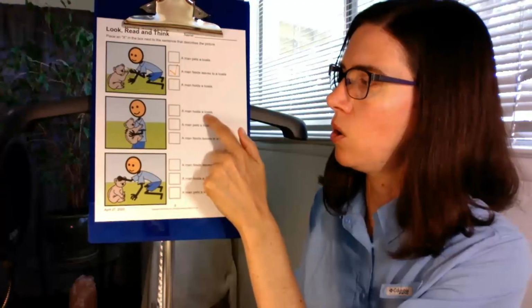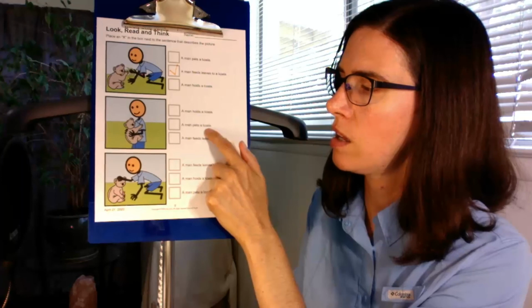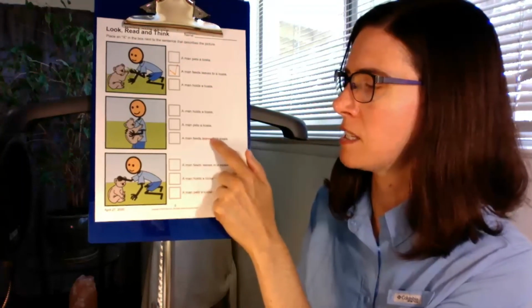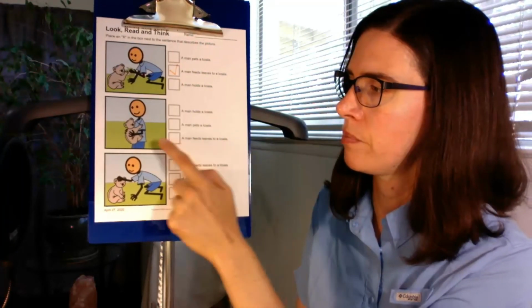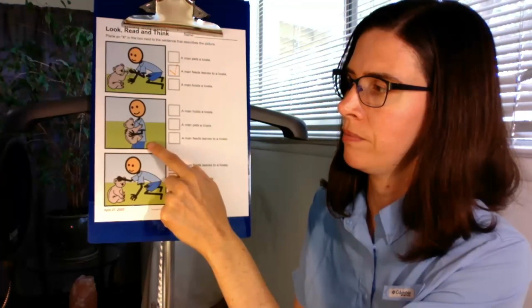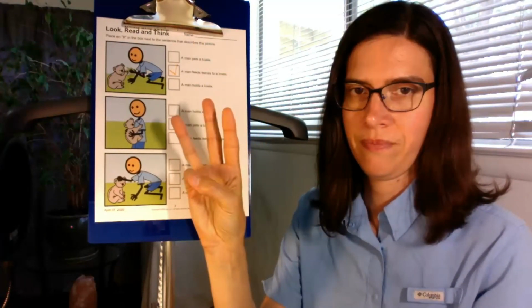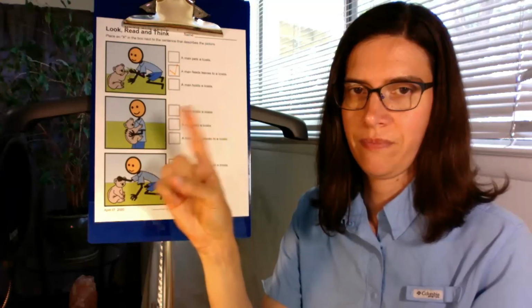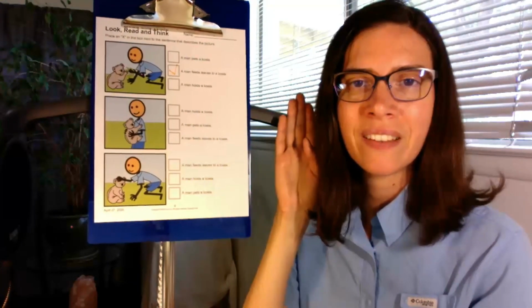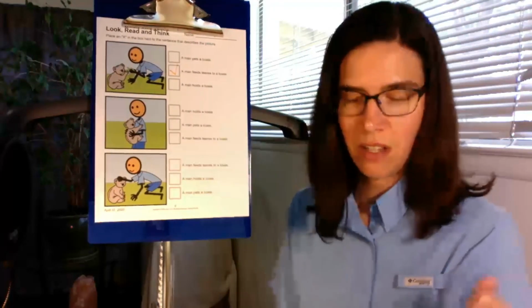Okay, let's look at the next one. A man holds a koala, a man pets a koala, or a man feeds leaves to a koala. Okay, here's a picture. Study it. Get your answer in your mind. I'll give you a countdown. A man holds a koala.